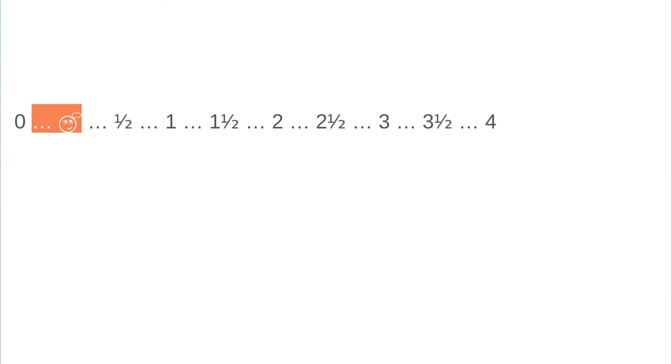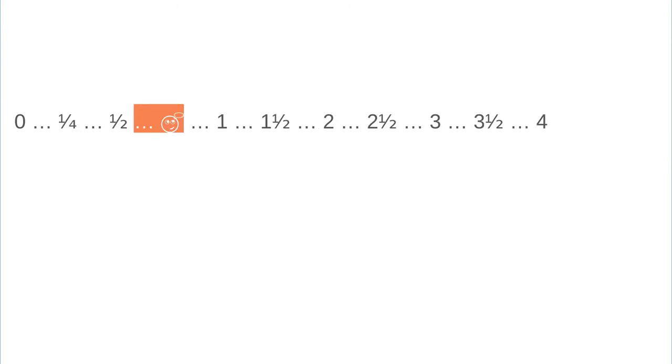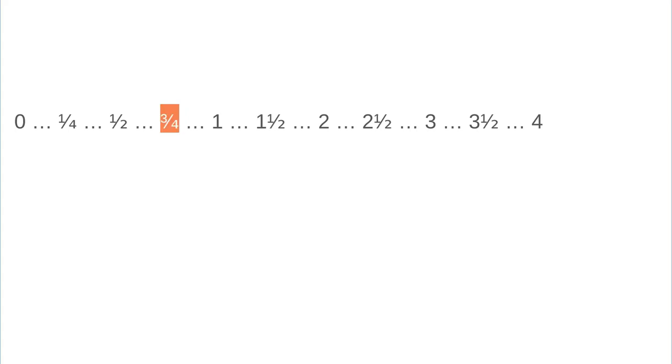So if I want half of 2, I want to divide by 2 again. In other words, 1/2 part of 1/2, so 1/4. And what if I want a number halfway between 1/2 and 1? That would be 3/4.